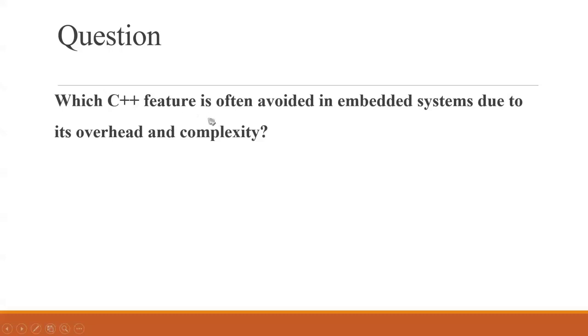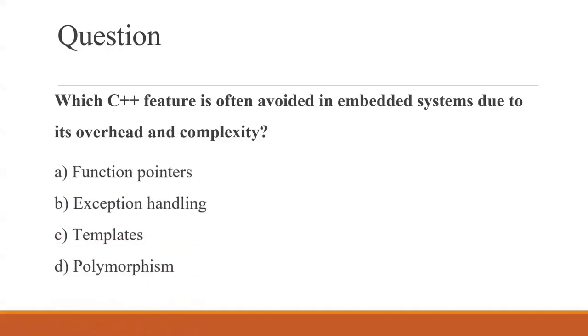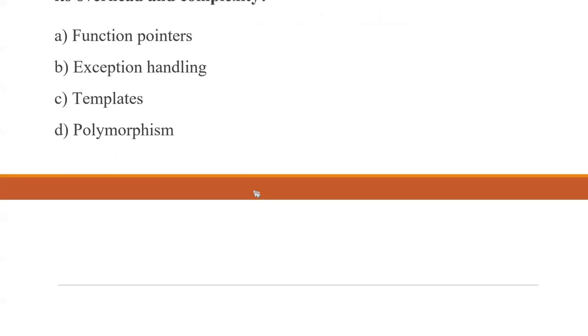Which C++ feature is often avoided in embedded systems due to its overhead and complexity? Function pointers, exception handling, templates, and polymorphism.